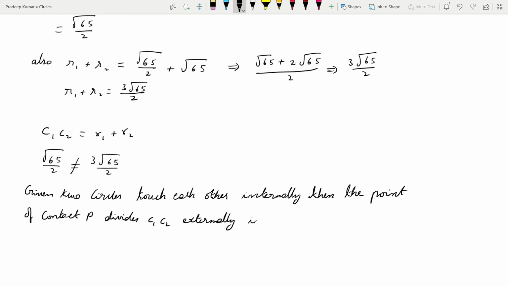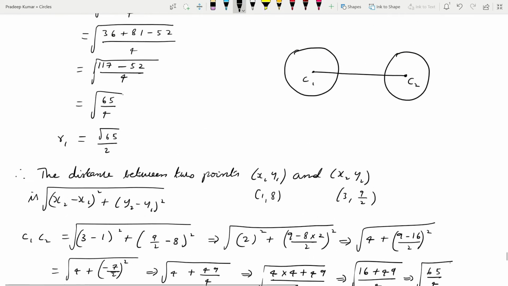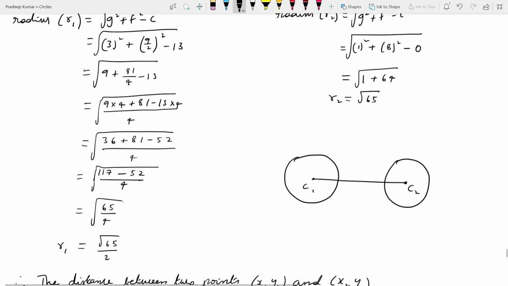Alright, so in the ratio that we'll just write here, if you have to take radius 1 and radius 2, both of the ratios we're just taking it as. The first radius we got as root 65 by 2, whereas the second radius we got as root 65.